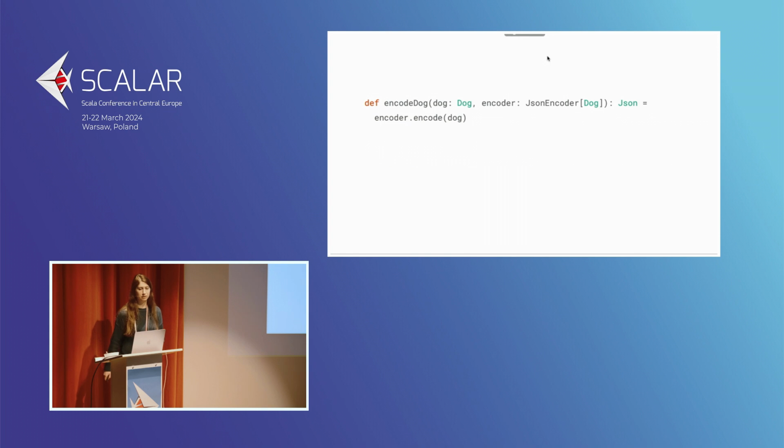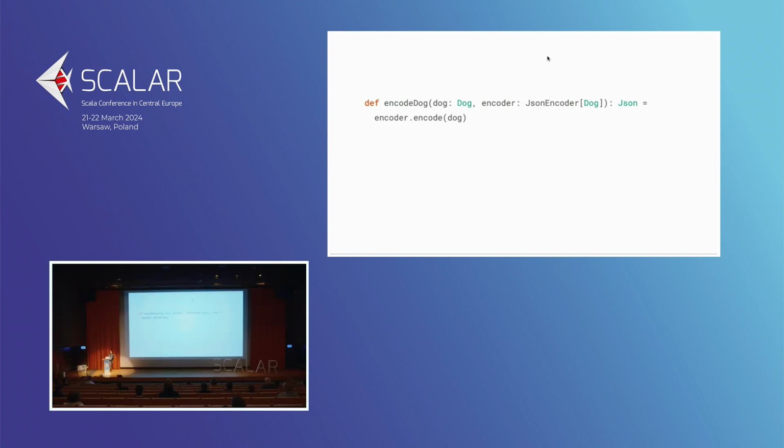And we can convince ourselves of that looking at a quick example. If you had methods like this, it tries to encode instances of dogs into JSON, which take a dog and a JSON encoder, sorry, for dog. The following would compile, obviously, because we're giving it exactly what it expects. But the following would also compile. Because again, we're doing the same thing as with Animal Clinic.